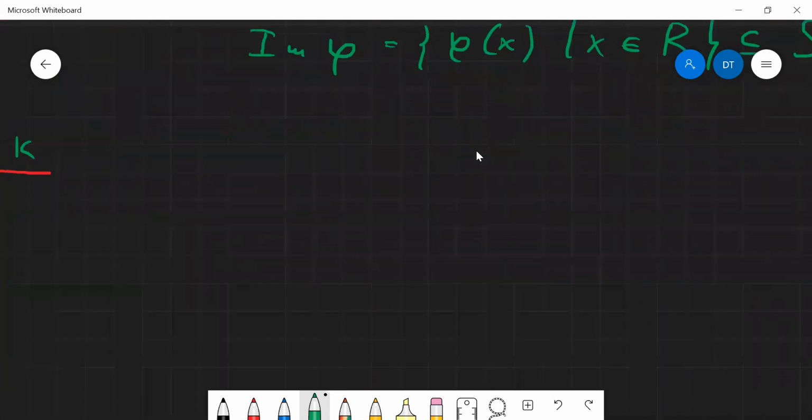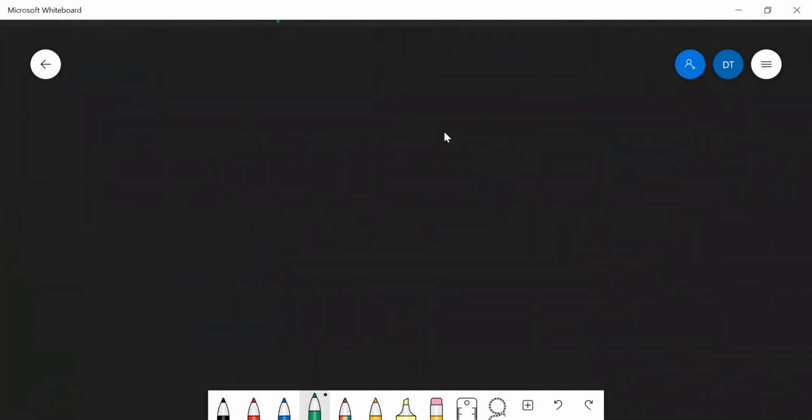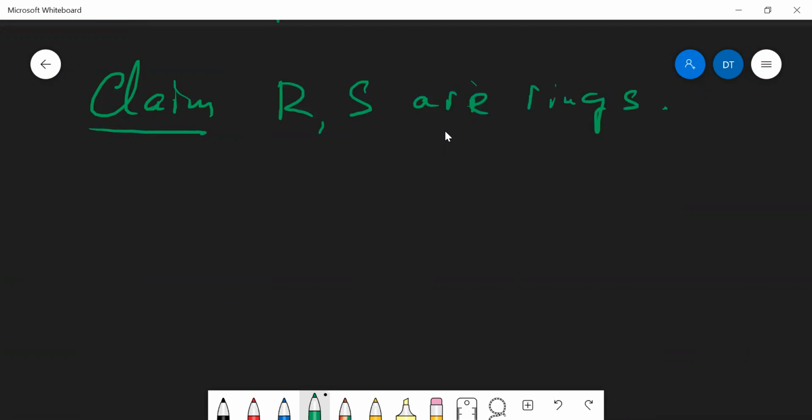So let me formulate this as a claim. Suppose that R and S are rings, and phi from R to S is a homomorphism.